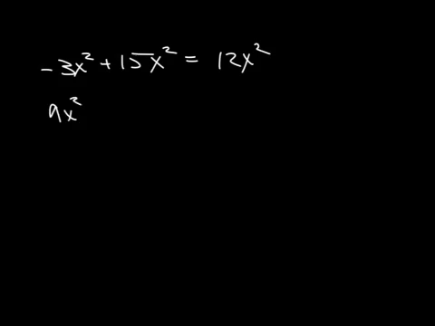So if I have negative 3x squared and I want to add 15x squared, negative 3 plus 15 is 12x squared. If I have 9x squared y and I'm going to subtract 20x squared y, again my variables and the exponents on the variables are the same, so I can do this.